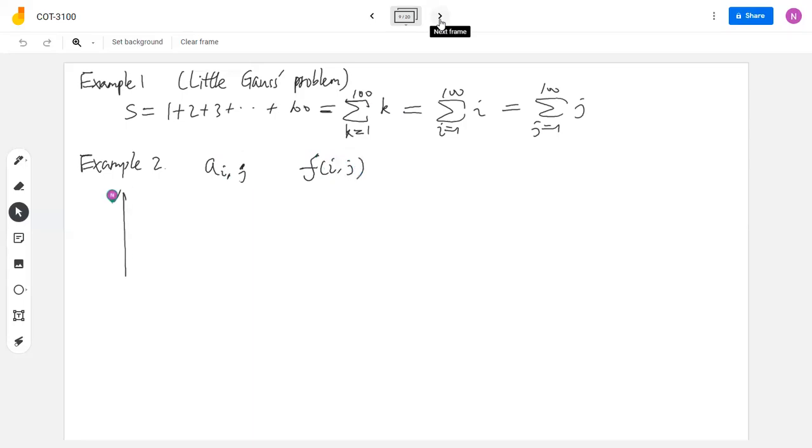So basically the picture looks like this. This is 1, 2, 3, 4, and so on.